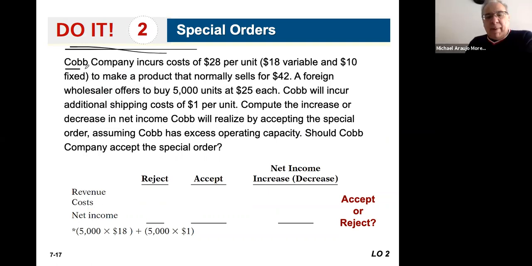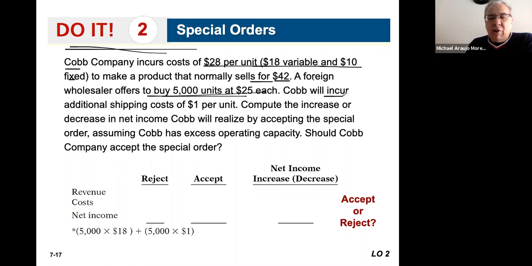And Cobb Company incurs costs of $28 per unit, 18 of that is variable, $10 is fixed, to make a product that it sells for 42 bucks. A foreign wholesaler offers to buy an additional 5,000 units at 25 bucks each. Okay.